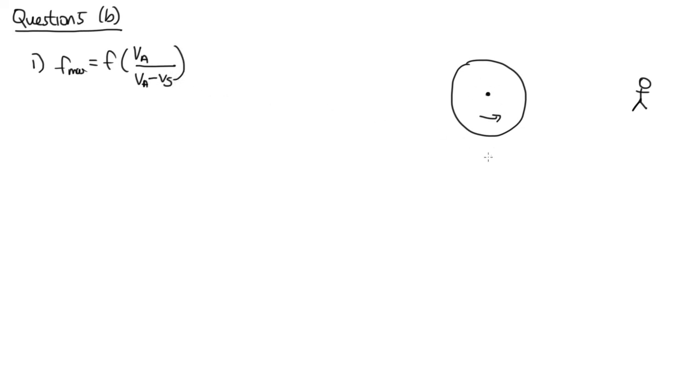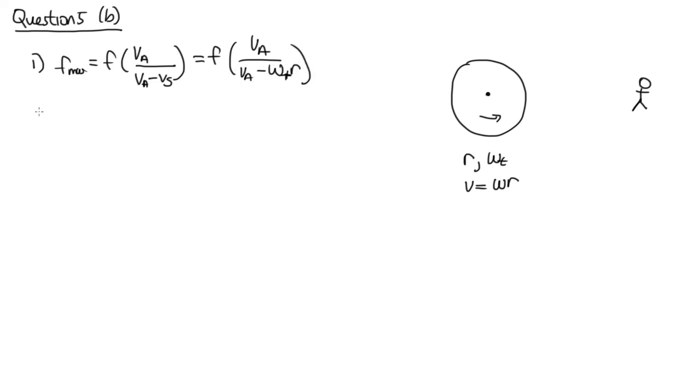But in the question, we're told that the bell is at radius r, and this turntable is rotating with an angular frequency omega t, and we know that v is equal to omega r. So we can work out the velocity of the source. So this will be f VA over VA minus omega subscript t r.